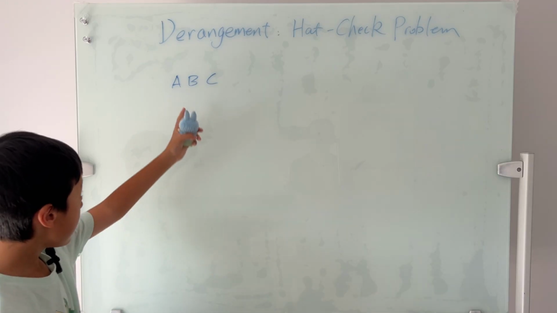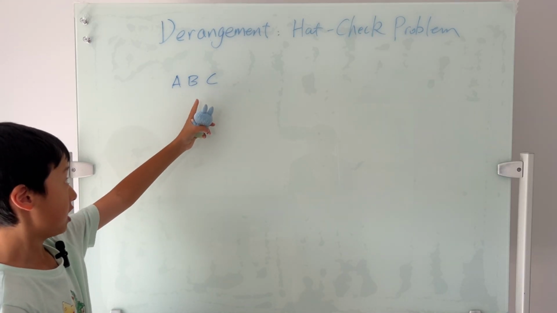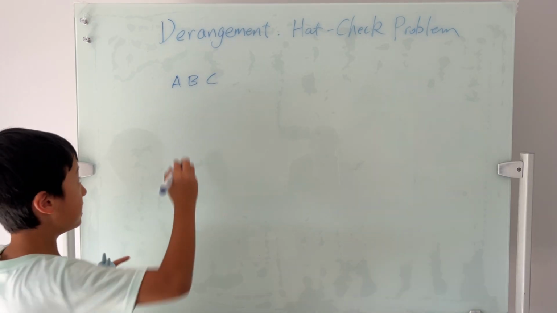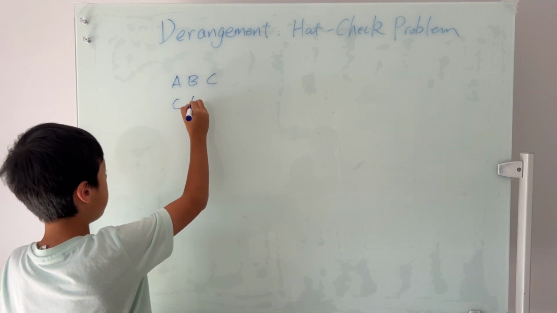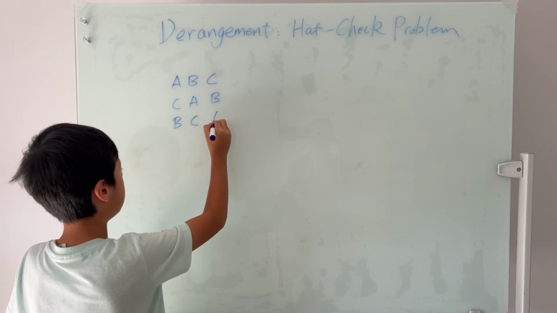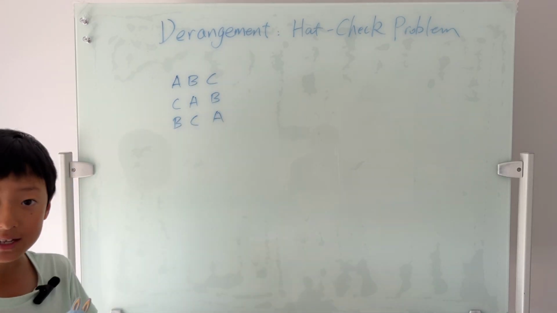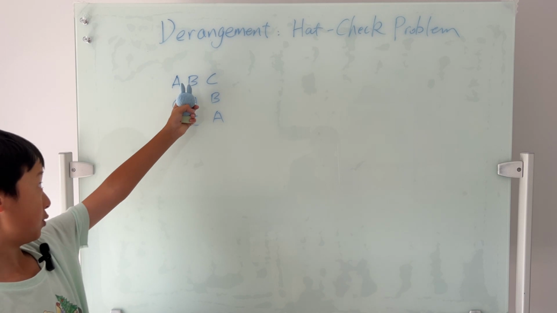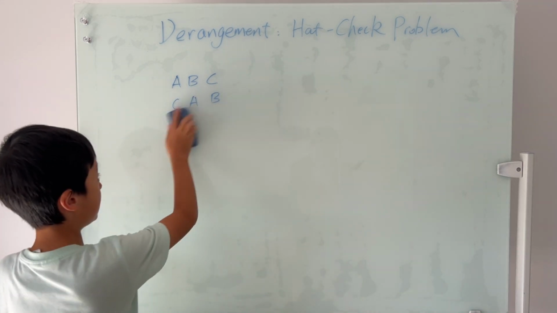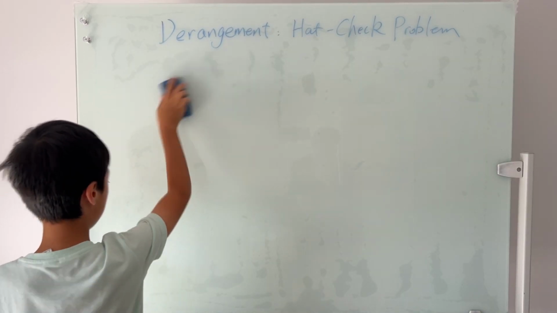A can't stay here, B can't stay here, C can't stay here. So one case is CAB, and the other case is BCA. These are actually the only two cases for a derangement of three elements. You should keep this in mind because it's going to be useful.